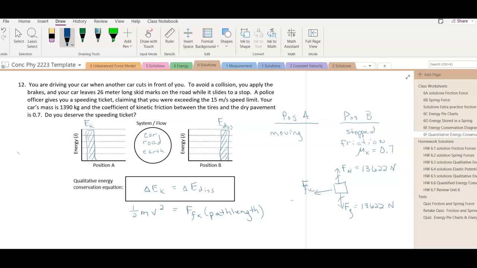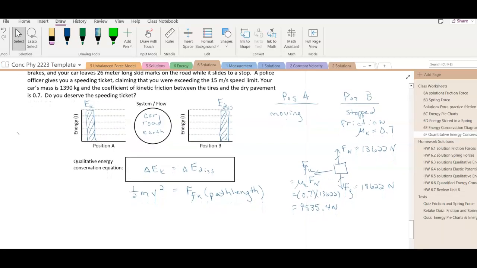The friction force would be the kinetic coefficient multiplied by that normal force. So it would be 0.7 times that 13,622. So the friction force is 9,535.4 newtons. Okay, I just needed to do that because I see I'm going to have to put the friction force in as I'm solving over here.